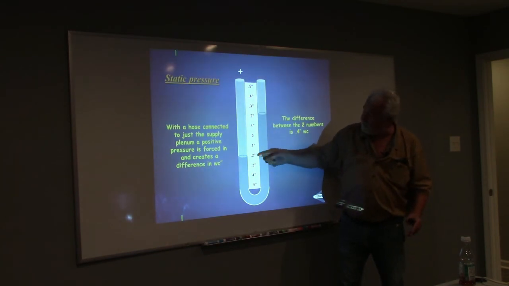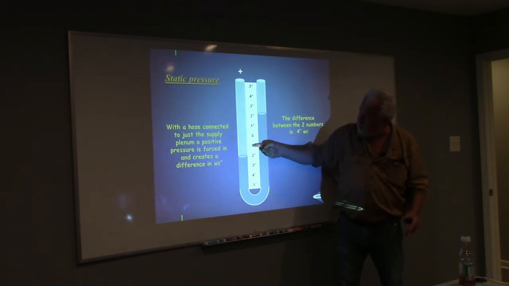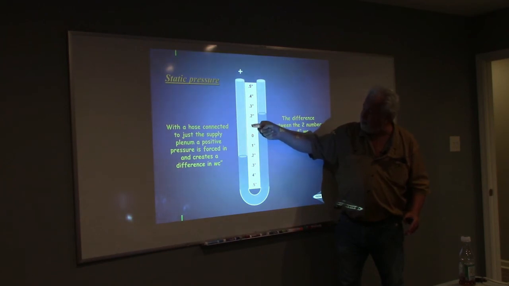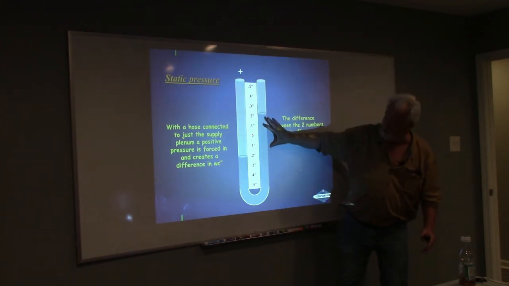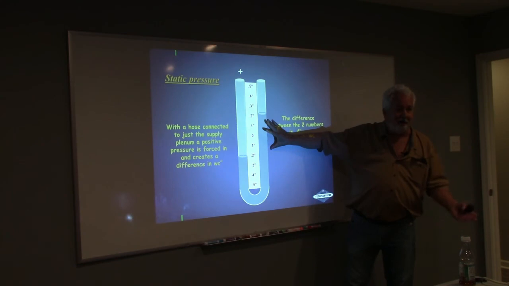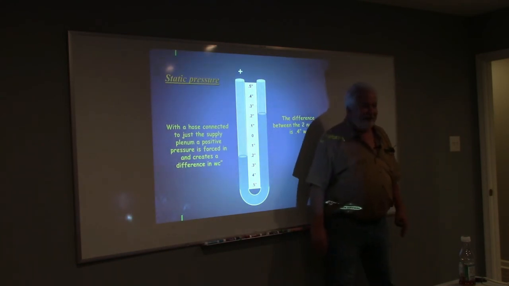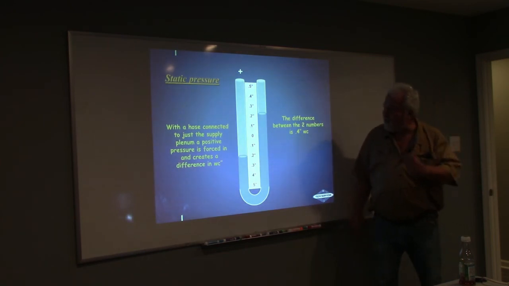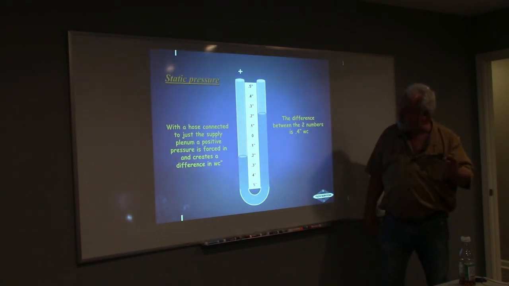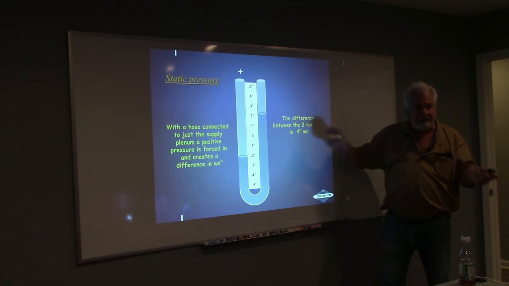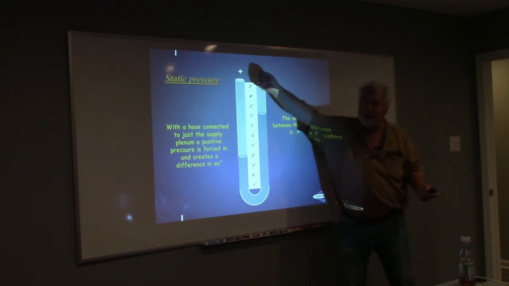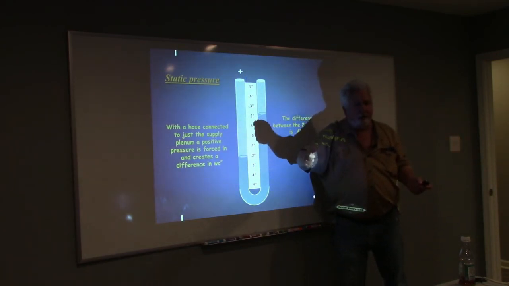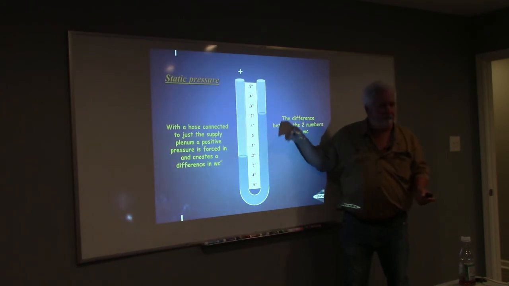So look, we have 0.1, 0.2, 0.3, 0.4 inches of water column. We got 0.4 inches of water column on here. That's cool. So if I take that hose out of the supply plenum, what's that water going to do?